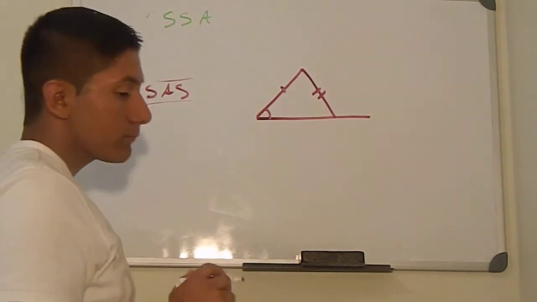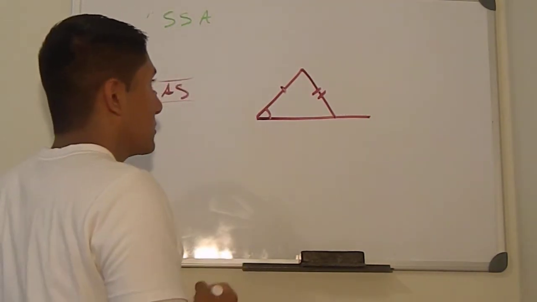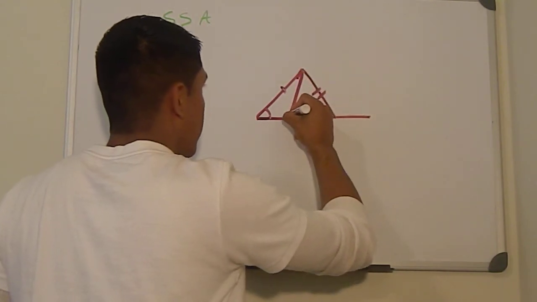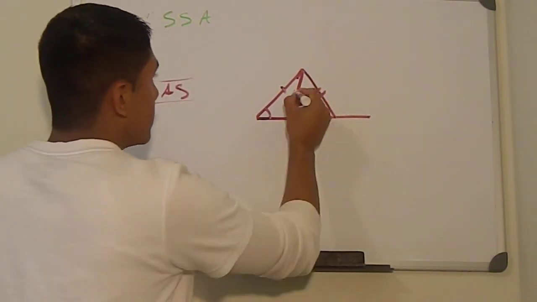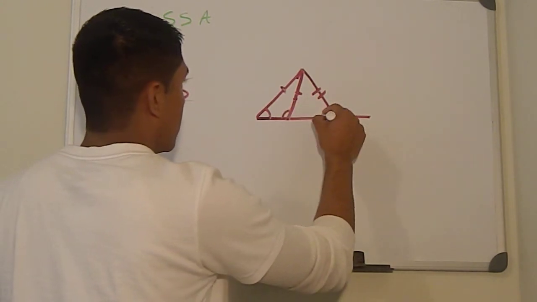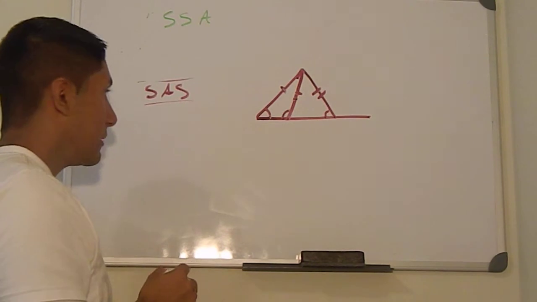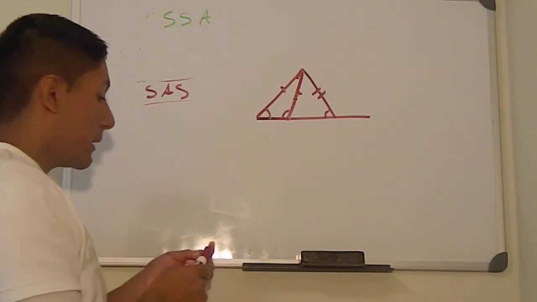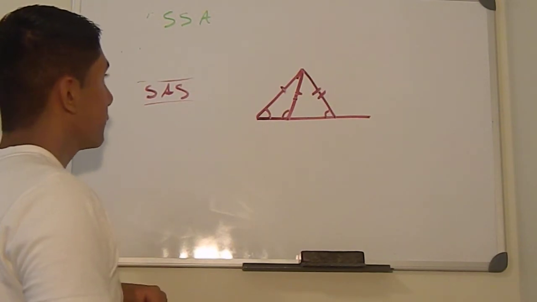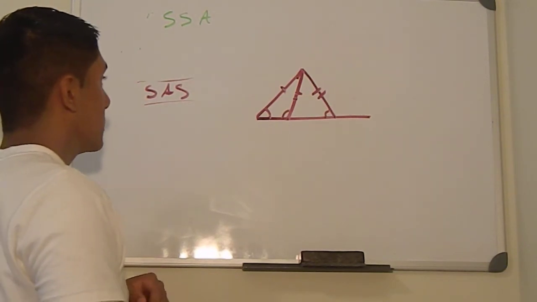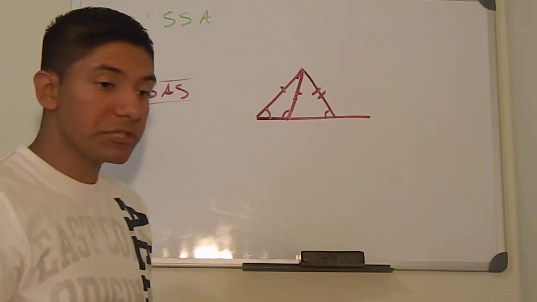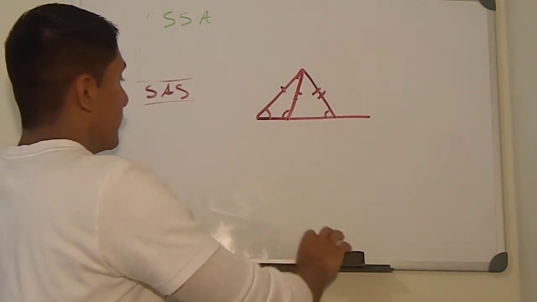If you notice, there's one more triangle possible, being this triangle there. Same side length, but different angle. You see, the problem here is this specific angle, the location of the angle that you're specifying.